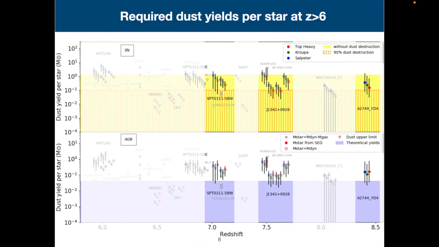In the case of these three, SPT West region, J1342 and A2744, it is possible that supernovae are responsible for the observed dust. Even some dust destruction, but not a significant amount, by supernovae would be allowed in these cases, as the derived dust yields are above 0.1 solar mass.